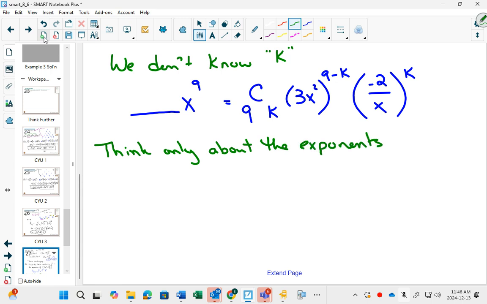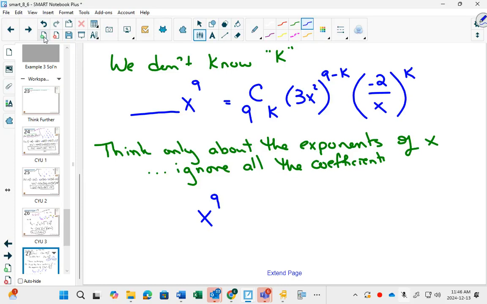I'm going to think only about the exponents of x, and as a result, I'm going to ignore all the numbers in front, which are called coefficients. Because I don't know the number in front, so I'm like, well, that's not a good hint. I'm just going to use the exponents. So if I just use the exponents, on the left, all I have is an x to the 9.